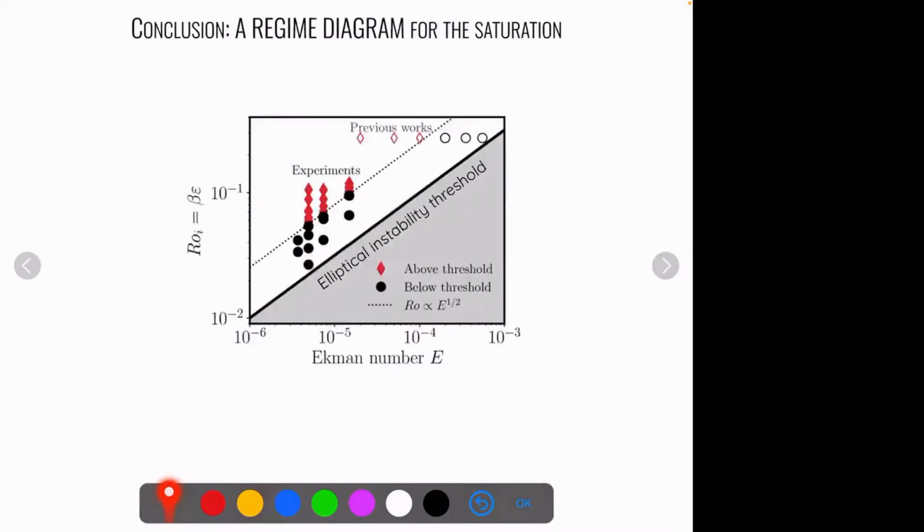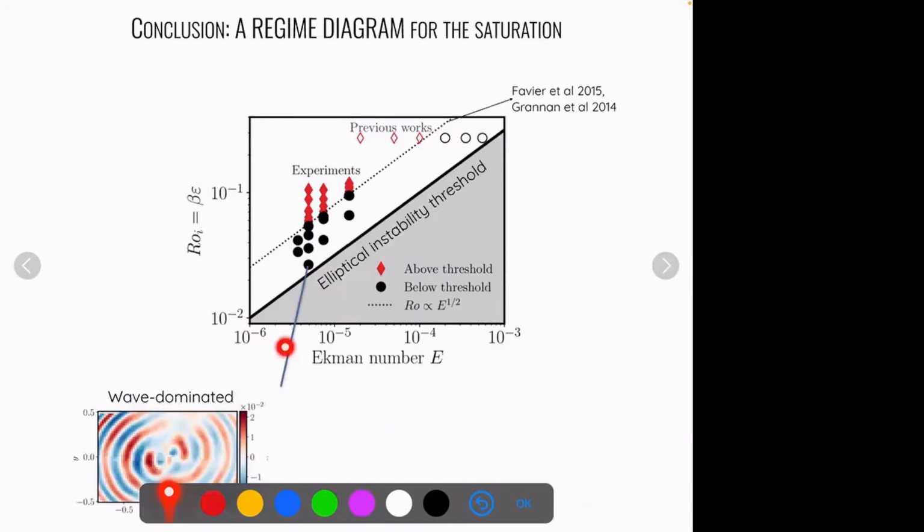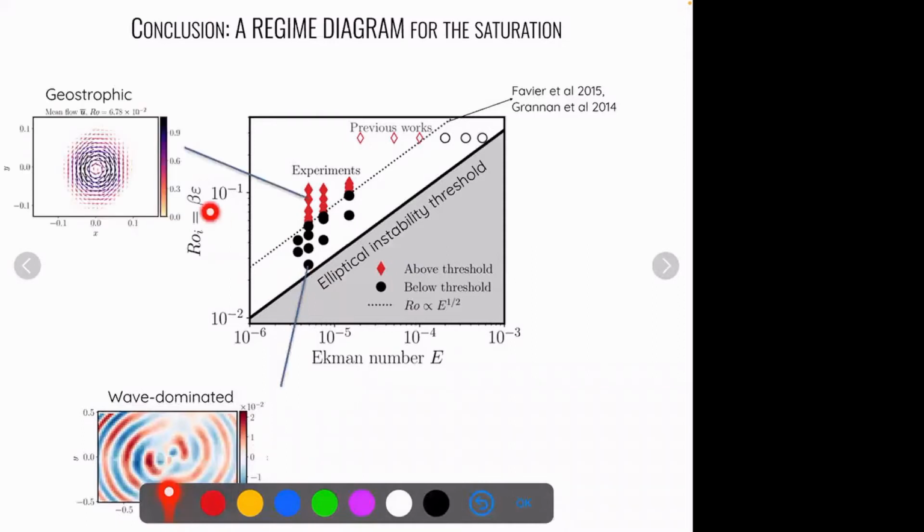And just to summarize the experiments, you can put them all on a regime diagram: forcing amplitude versus Ekman number, or dissipation. The black dots are the wave dominated regime, and the red diamonds are the geostrophic dominated regime.